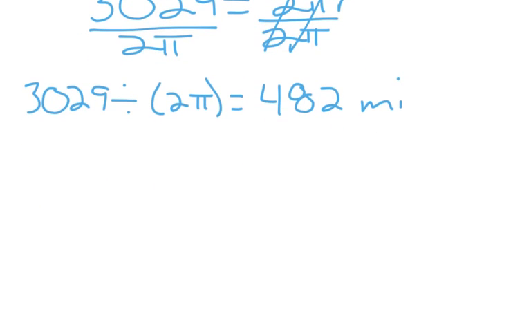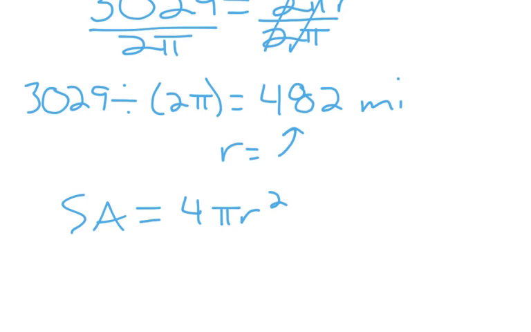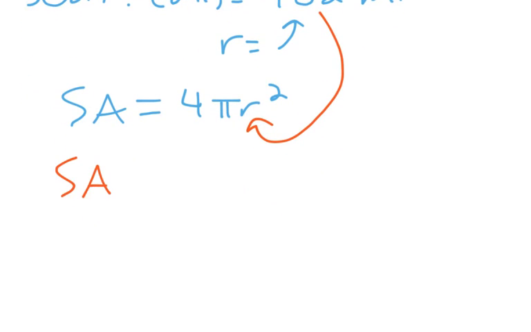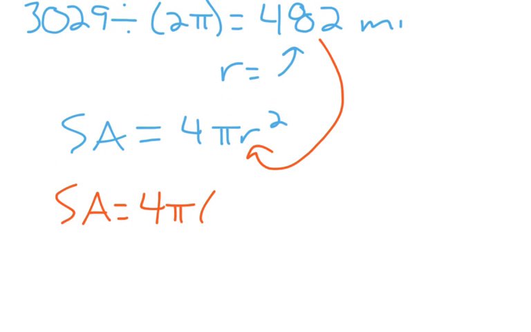But now that helps us find the surface area. Again, that is what r is equal to. Okay, so our surface area is going to be 4 pi r squared. That's our formula. So what we do is we take r and we plug it in there. So that gives us SA is equal to 4 pi, our radius, which is 482, squared.